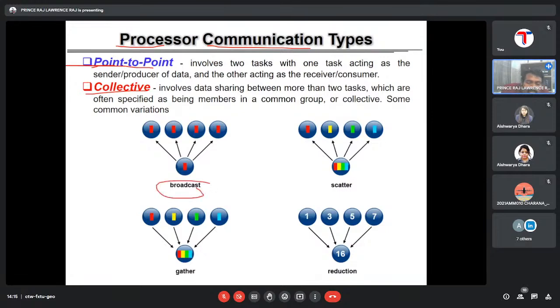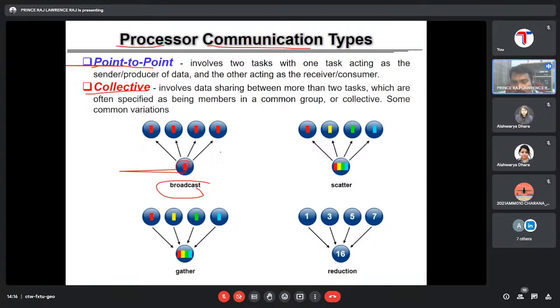For example, you listen to an FM radio broadcast, right? There is no specific data given to you. It is common data. For example, news: you will hear the news and your neighbor will hear the news. Even 10 kilometers away from your house, somebody listening to the same channel will hear the same. That is called broadcasting. Same data is transferred to everybody.